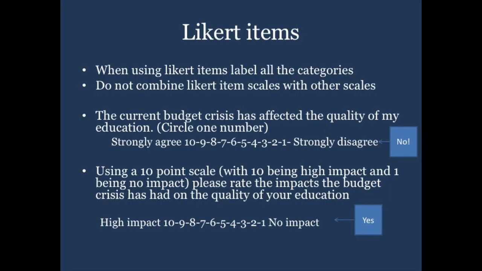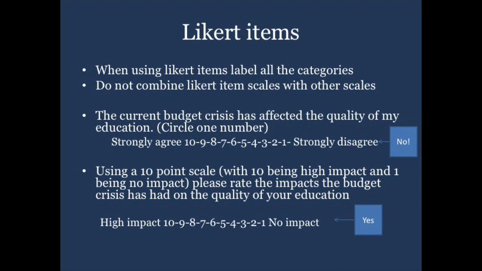Now, one thing you should not do with ordered response items is combine scales, right? Either use the whole Likert scale or use a numerical scale, but do not combine them. In this example, we're asking respondents to fill a numerical scale that has strongly agree on one side and strongly disagree on the other, and has 10 numbers in between.